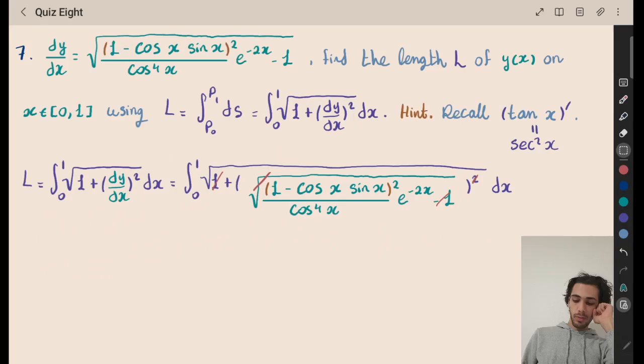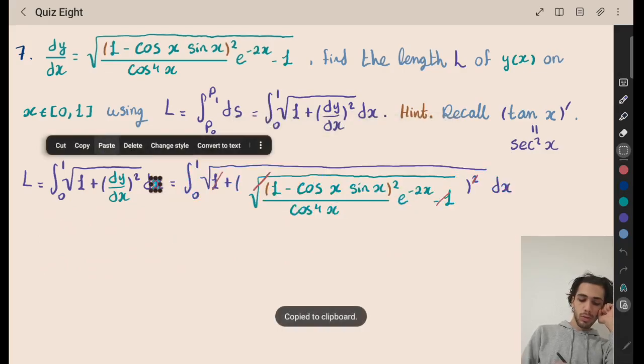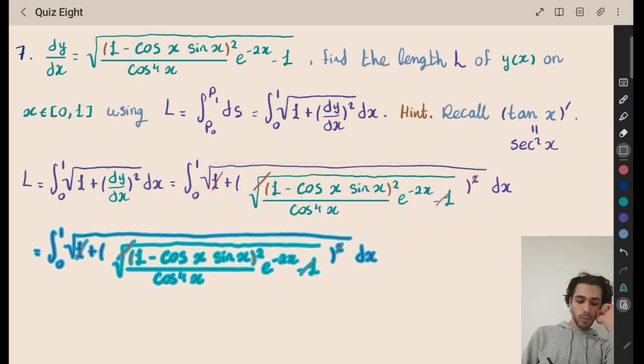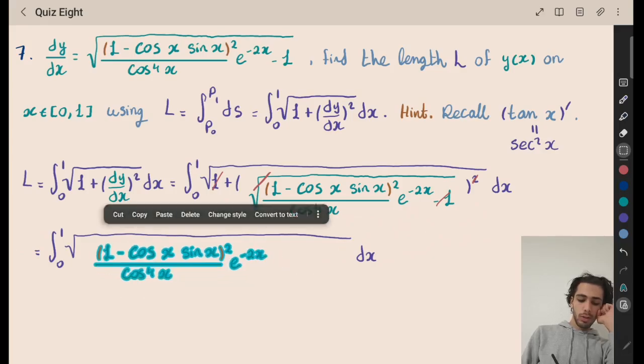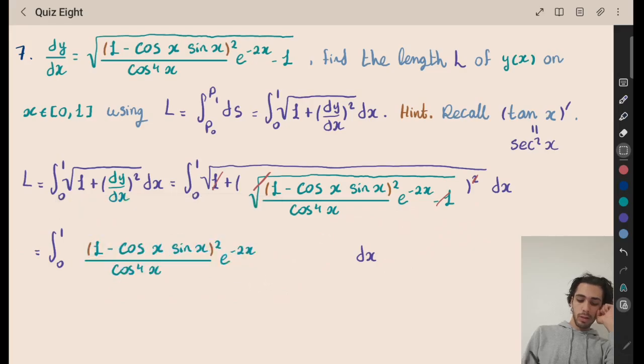So here's what I mean. The 1 goes away with the 1, the square root goes away with the square. I need to take the square root of this thing. This should not be too difficult.